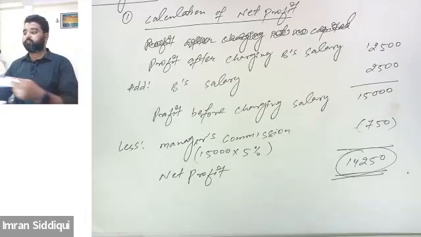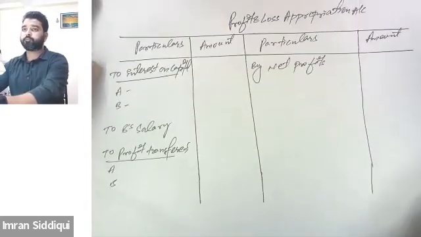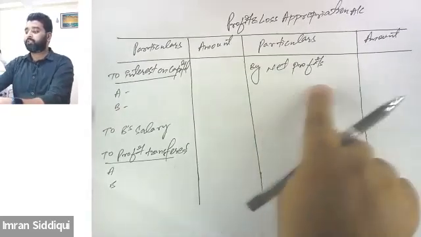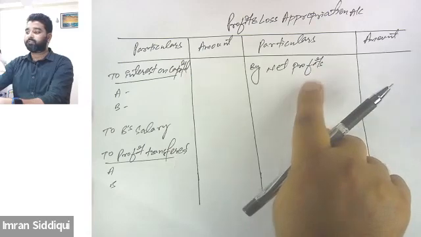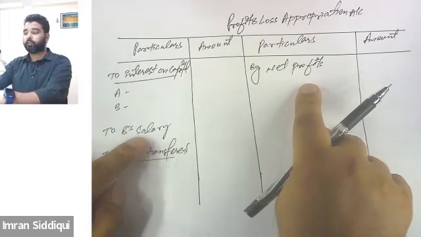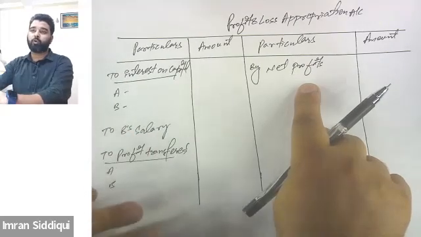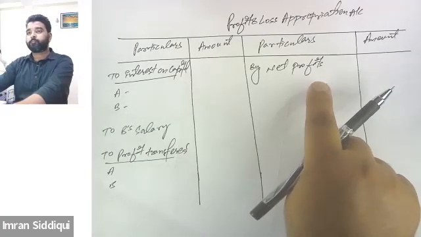First of all, we will draw the format of the P&L appropriation account, something like this. On the credit side, we need to write down the value of the net profit. But this net profit will be before interest on capital, before B salary, and also after charging all kinds of expenses that need to be recorded under the P&L account.